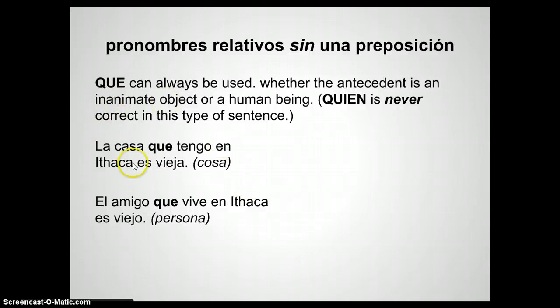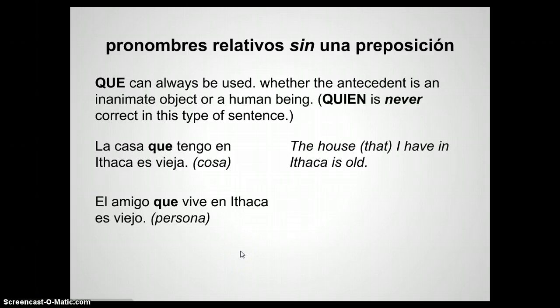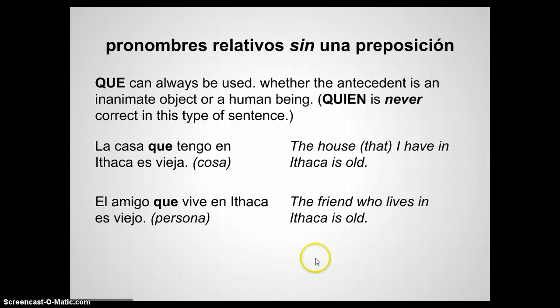So here, the antecedent is a thing, and in this sentence is a person, and we use que in both cases. So that translates to the house that I have in Ithaca is old. That is optional. The friend who lives in Ithaca is old. So in English we would say who, but it doesn't translate to who in this case in Spanish.